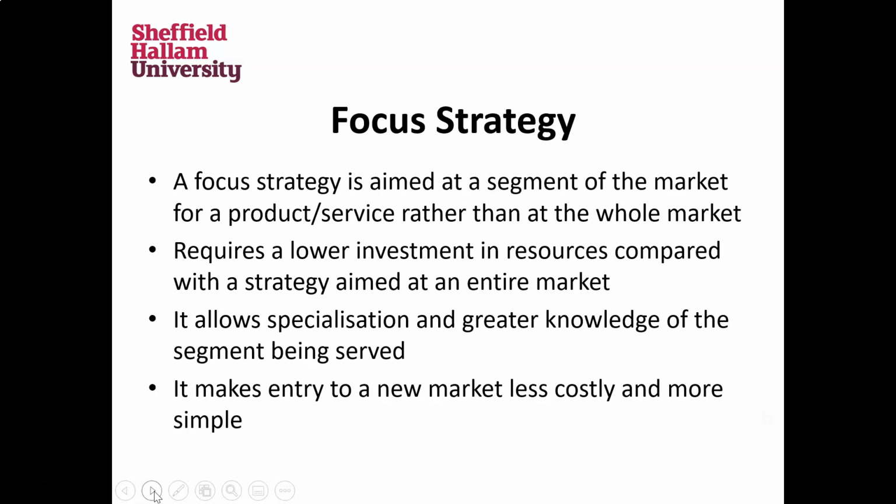And after it developed running shoes, it started to develop clothes for running. Right? Once it had developed that, so that was its focus strategy. Nike was a specialist in the running equipment market, shoes and clothes, right?